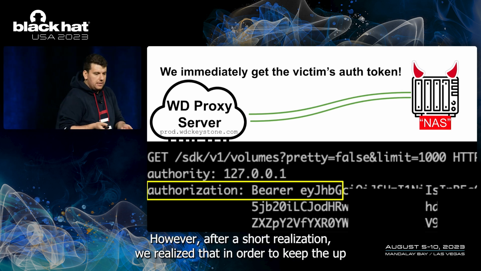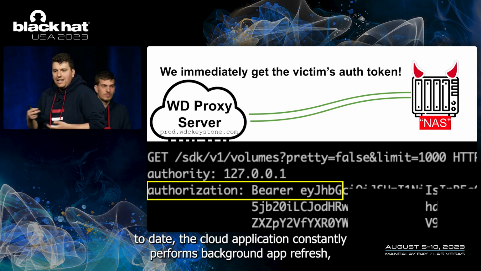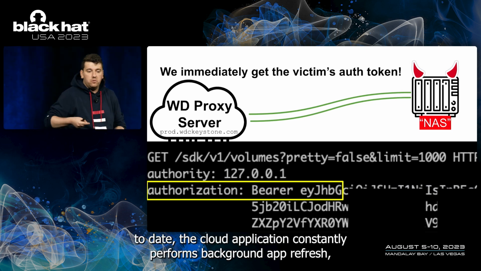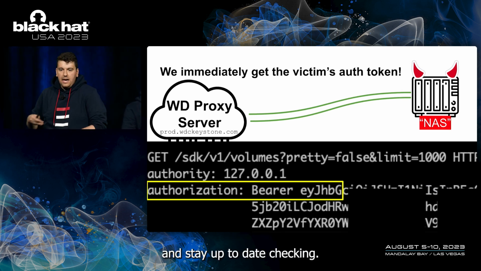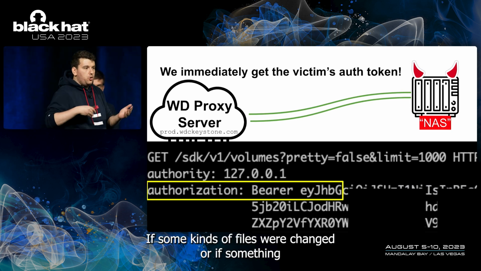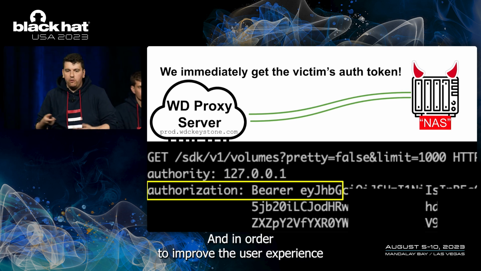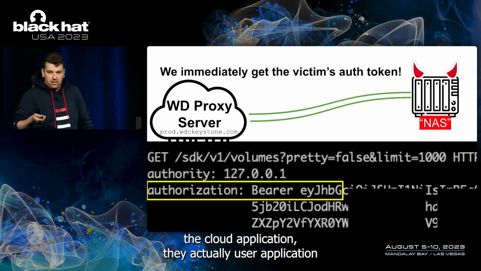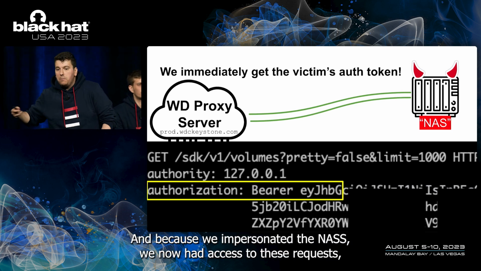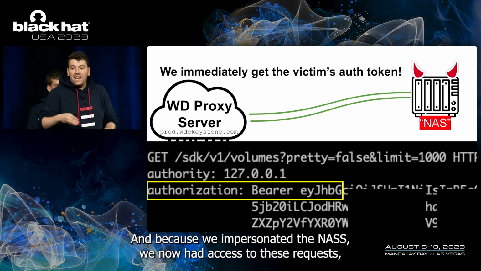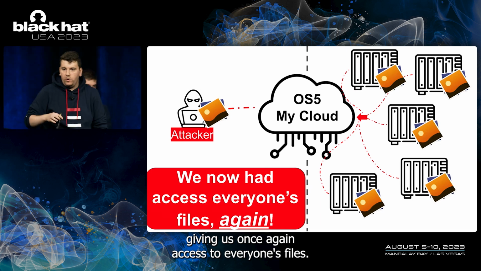However, after a short realization, we realized that in order to keep the device up to date, the cloud application constantly performs background app refresh, meaning it constantly tries to reconnect to the device and stay up to date, checking if some files or something else was changed. And in order to improve the user experience, the user application constantly performs requests to the NAS. And because we impersonated the NAS, we now had access to these requests, giving us, once again, access to everyone's files.